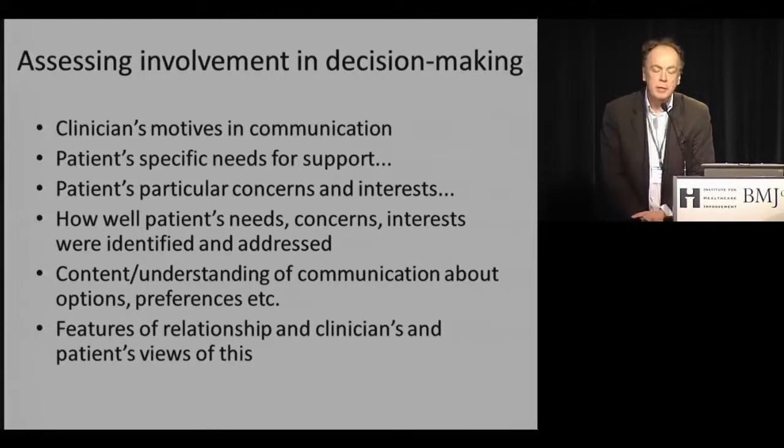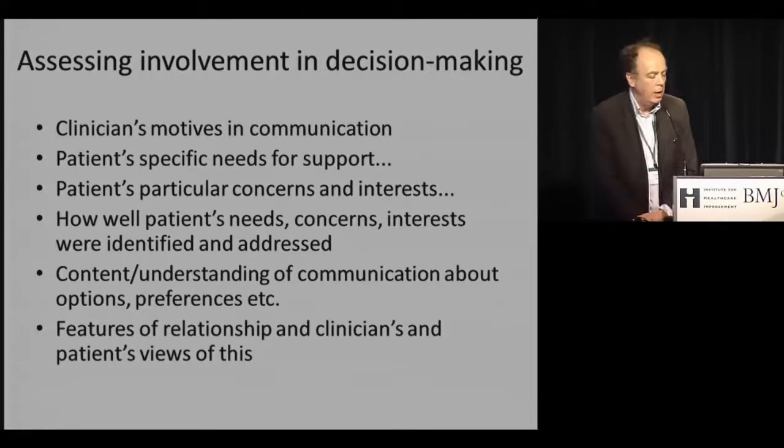What are the patient's specific needs for support? Were they met? Each of us at various times in our lives have different needs and needs for support. Were they met at this particular time in this situation? What were the patient's particular concerns and interests at this time? And how well were those concerns and interests identified and addressed?